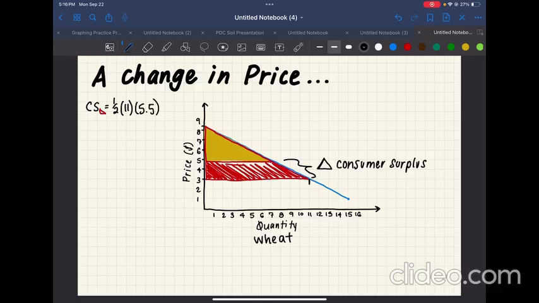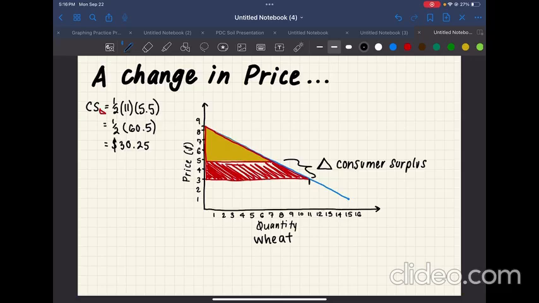So if we keep going with this math, we end up with 1/2 of 60.5. So that equals $30.25. That's my consumer surplus of wheat at $3.